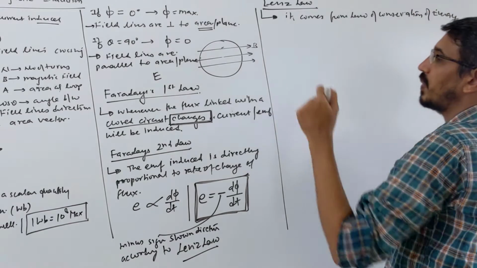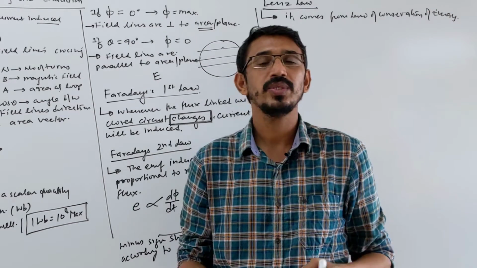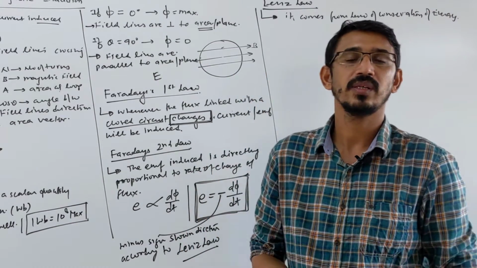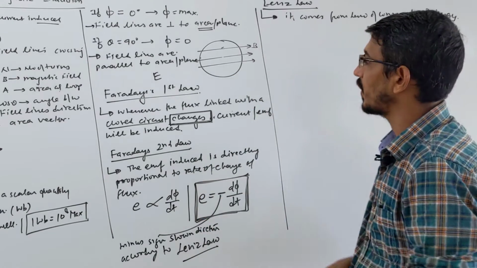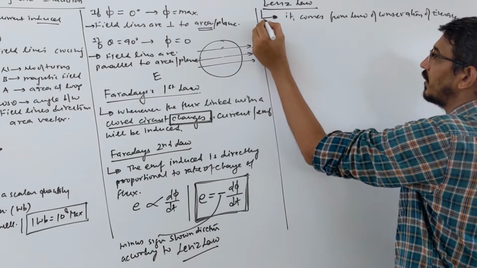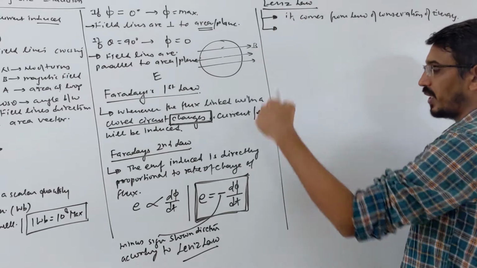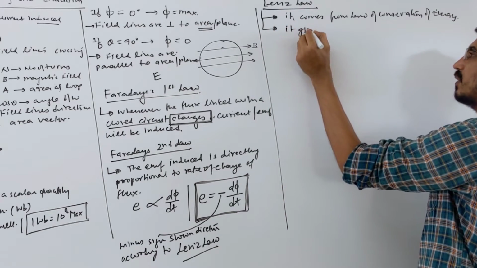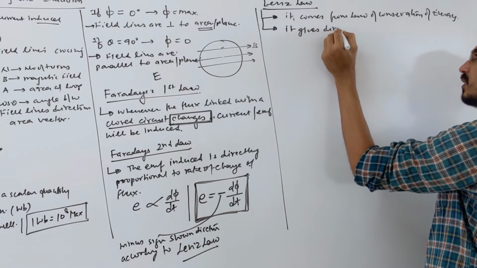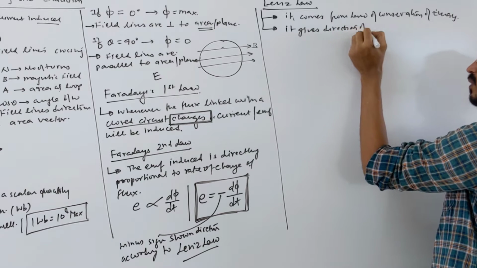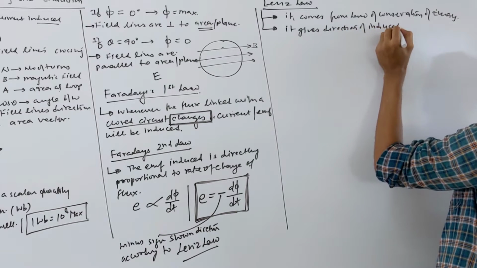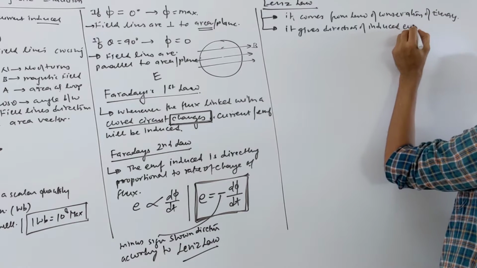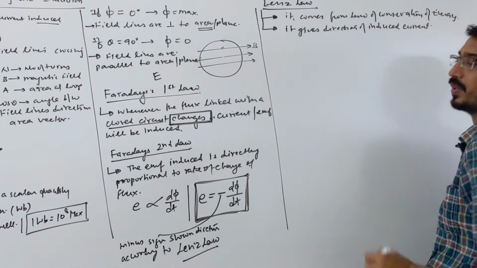This is very important, remember, because this was asked. So Lenz's law follows the conservation of energy principle. What this law does is give the direction of the induced current. It gives the direction of induced current or EMF, no problem, you can say both.